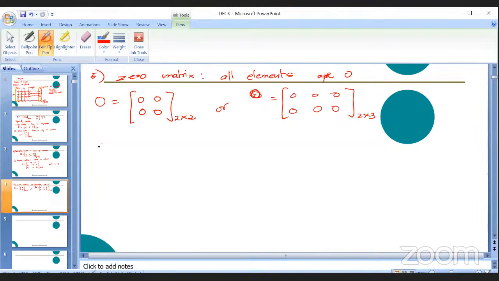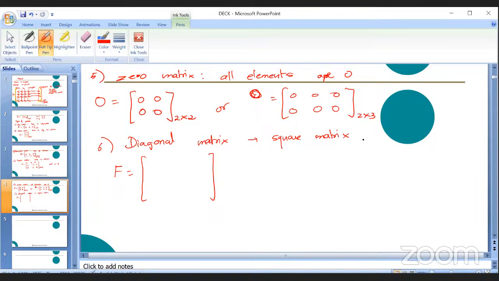Then the next one, the 6th one, is diagonal matrix. Diagonal matrix means, suppose the matrix F is there. First of all, it must be a square matrix. A diagonal matrix should be a square matrix whose elements are all 0 except the diagonal elements.